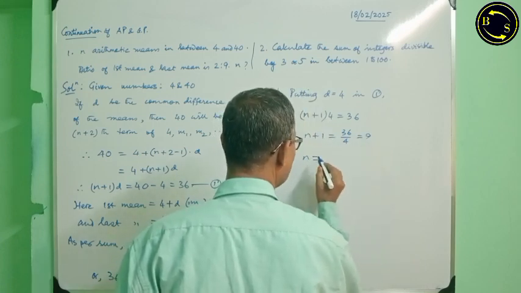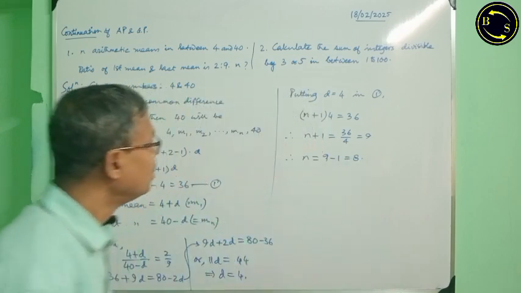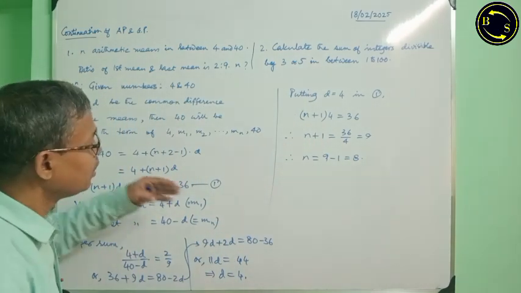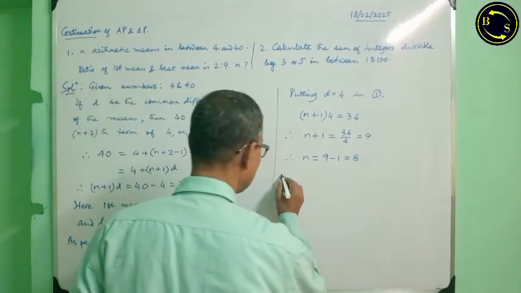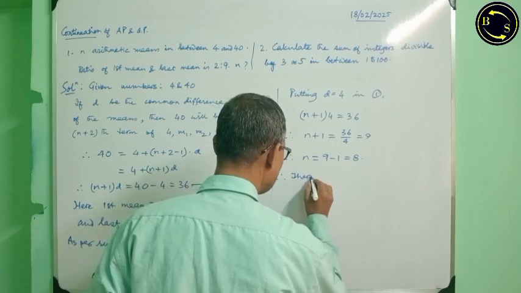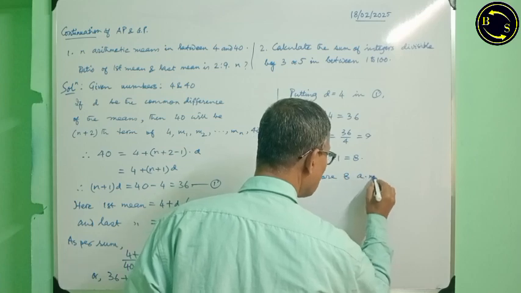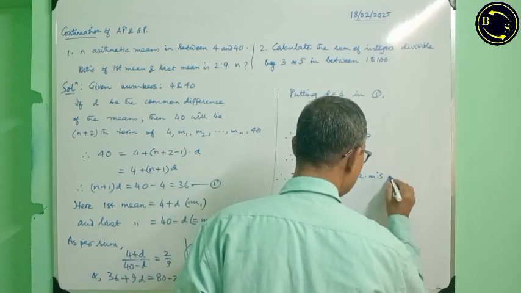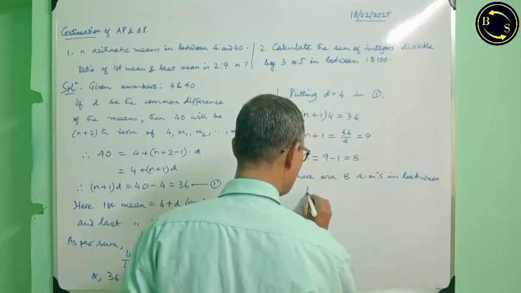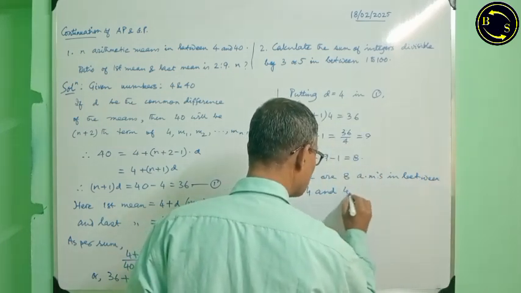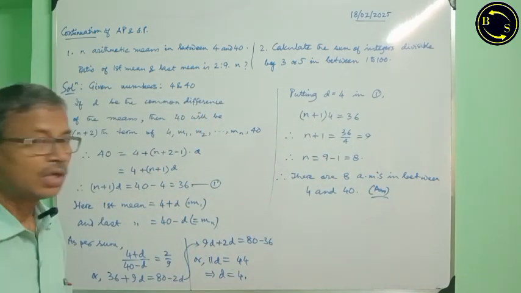Therefore, n equal to 9 minus 1, 8. Therefore, there are 8 arithmetic means in between 4 and 40. The sum is solved.